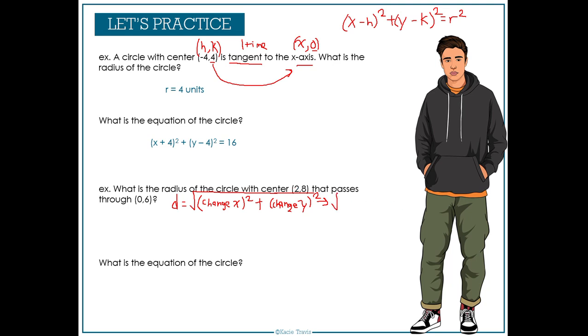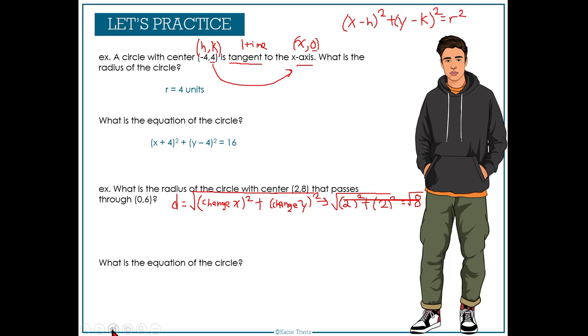For our change in x, we changed by about 2 units. So we had 2 squared in our first parenthesis, plus in our second one, how far is 8 from 6? Also 2, squared. So when we take this square root of 2 squared plus 2 squared, remember 2 squared is 4. So 4 plus 4 is the square root of 8.